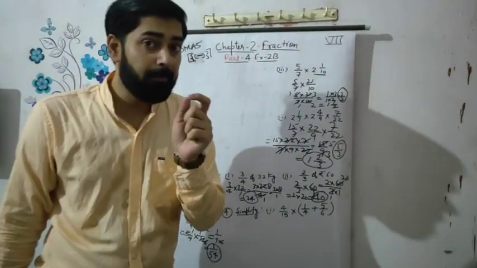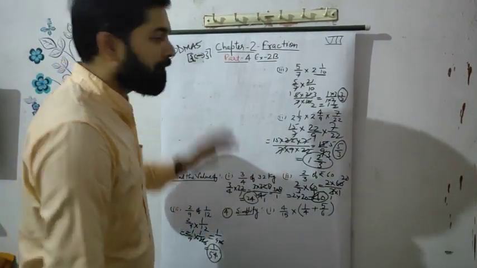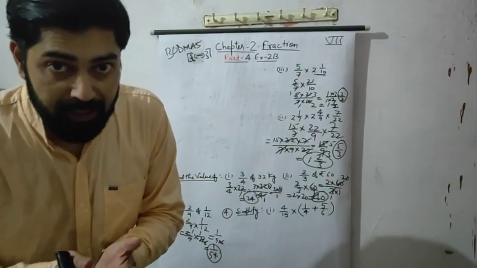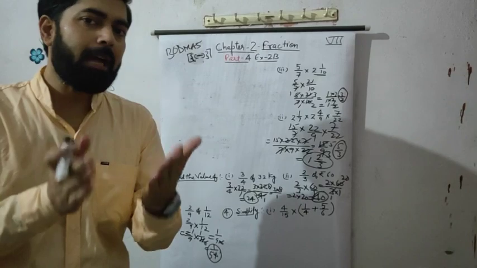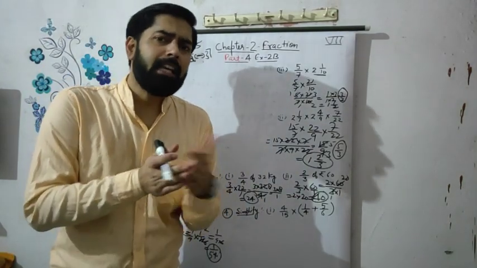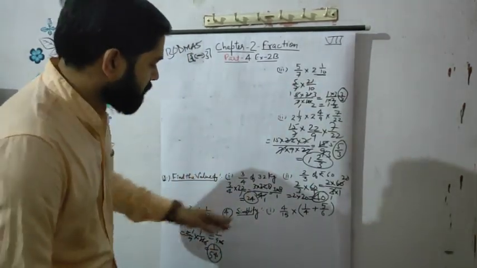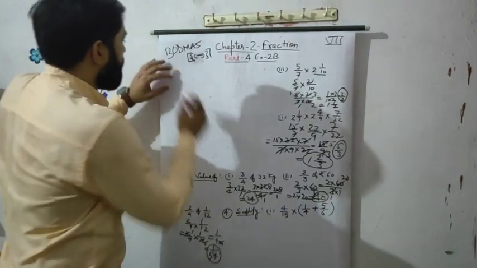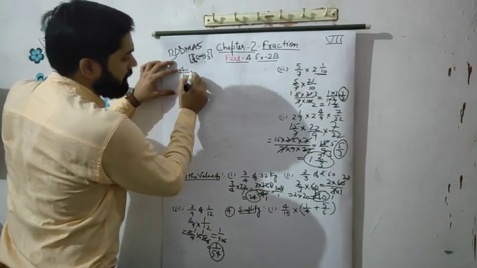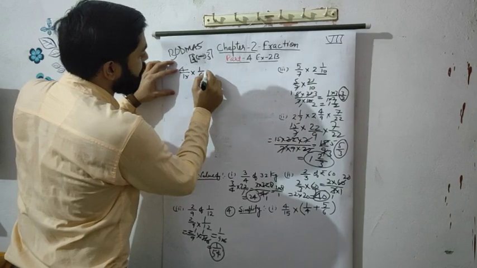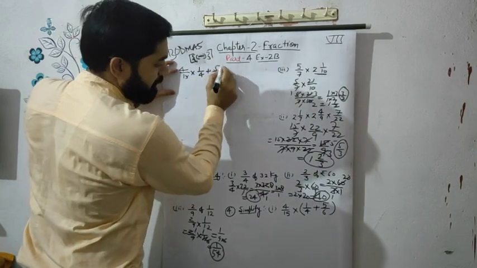First we solve the brackets, then of, then division, multiplication, addition, and subtraction. So what is the question? 4 upon 15 multiplied by 1 upon 4 plus 5 upon 6.